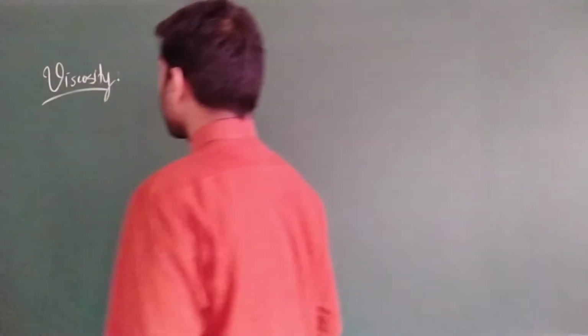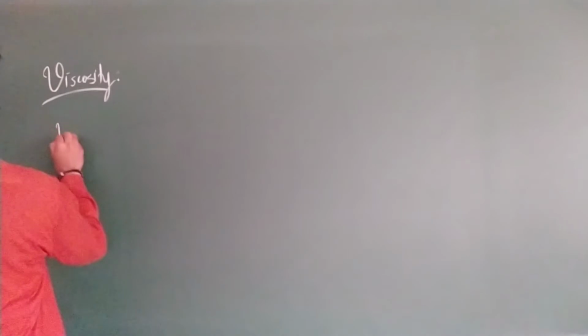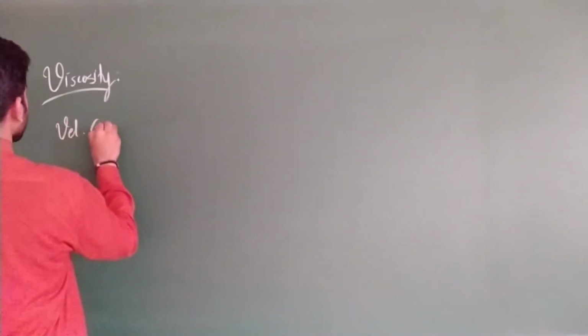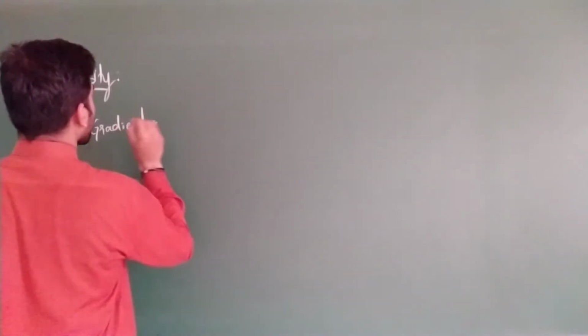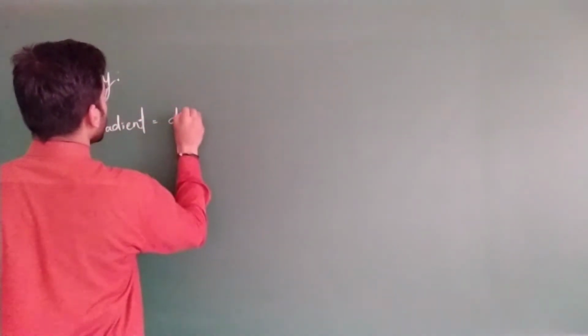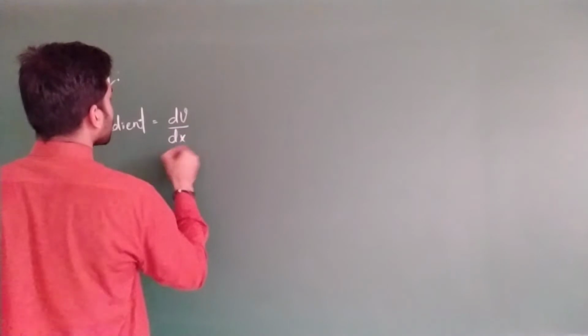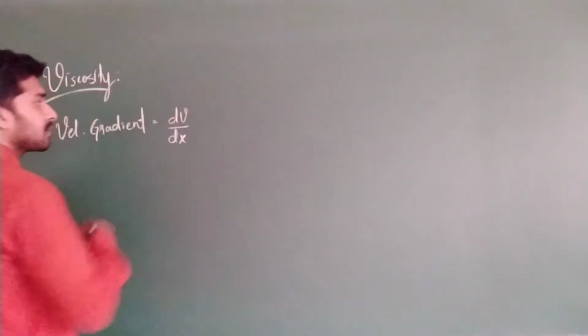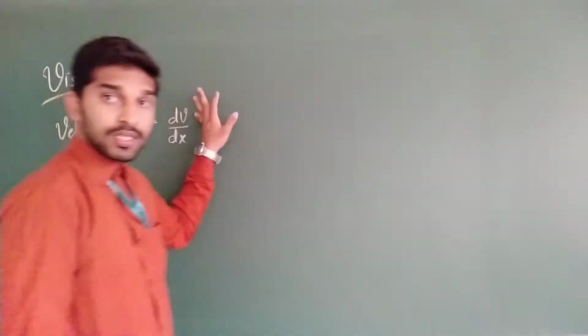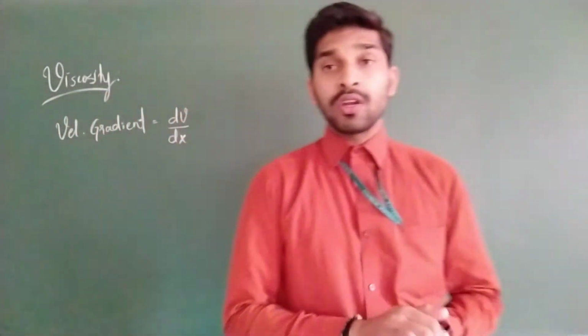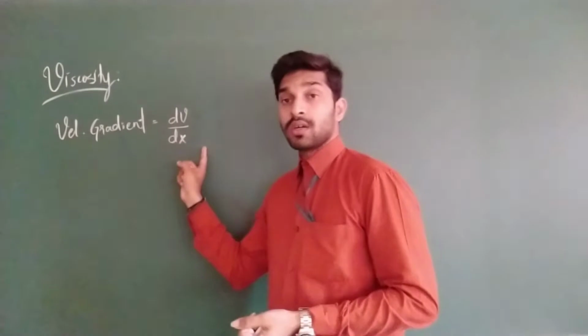So today we are going to discuss one more thing, that is velocity gradient. This velocity gradient is dv by dx, where v is velocity. How the velocity is changing perpendicular to the motion of the liquid.